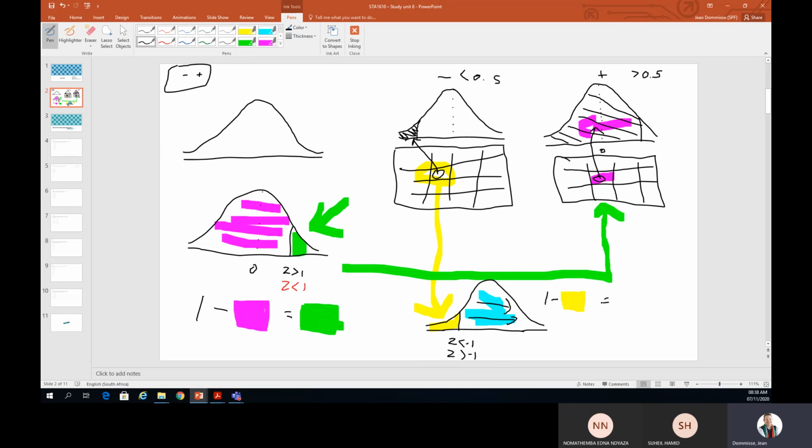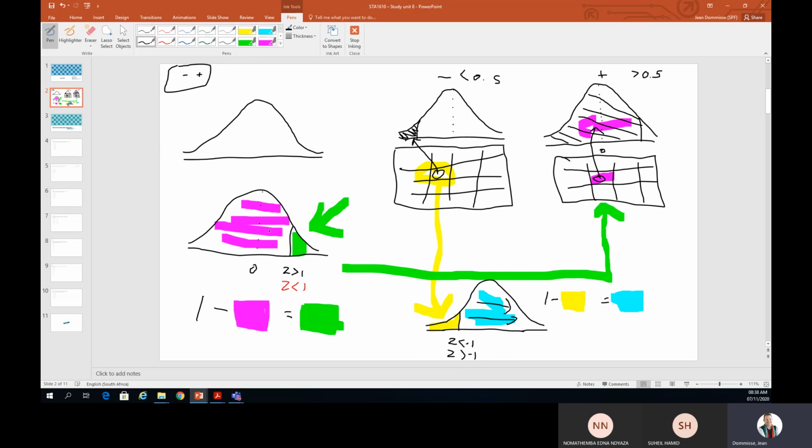So basically, one always needs to check, if it's positive, whether it's bigger than or smaller than.